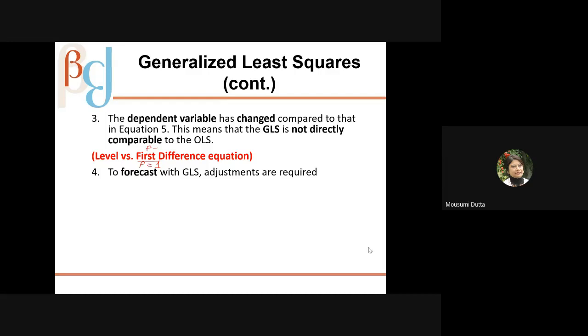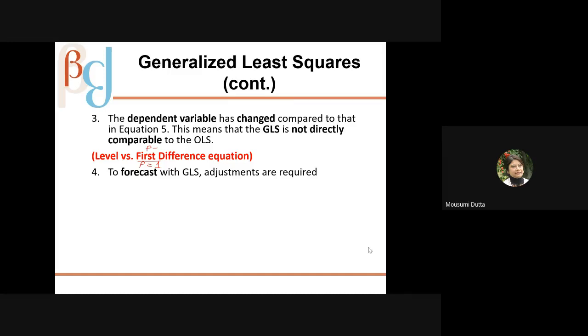In equation number 5, we are considering a regression of y on x, whereas when we are deriving the best linear unbiased estimator, we are considering a regression of yt minus yt minus 1 on xt minus xt minus 1, or yt minus rho yt minus 1 on xt minus rho xt minus 1.